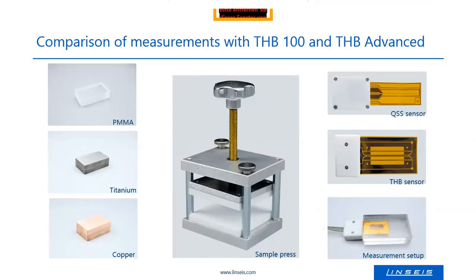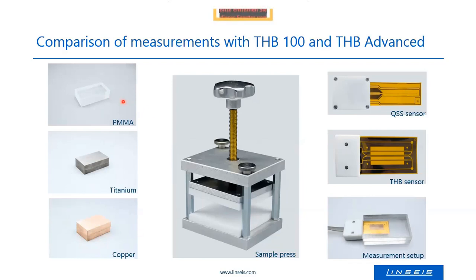This might be interesting for those who have already a THB1, 100 or 500. So we measured a couple of materials. We measured a plastic material, PMMA, titanium, copper, and a zinc material.